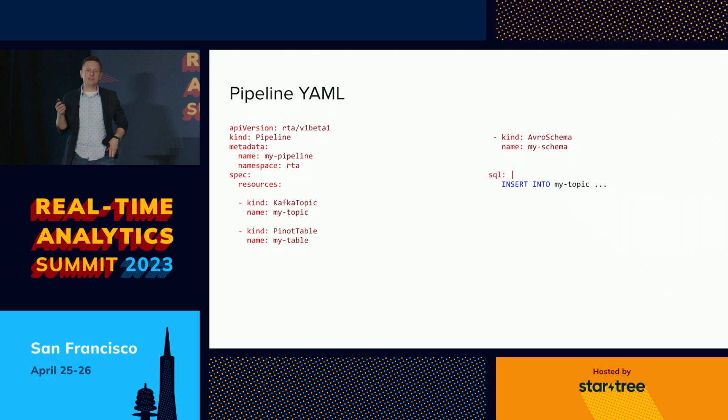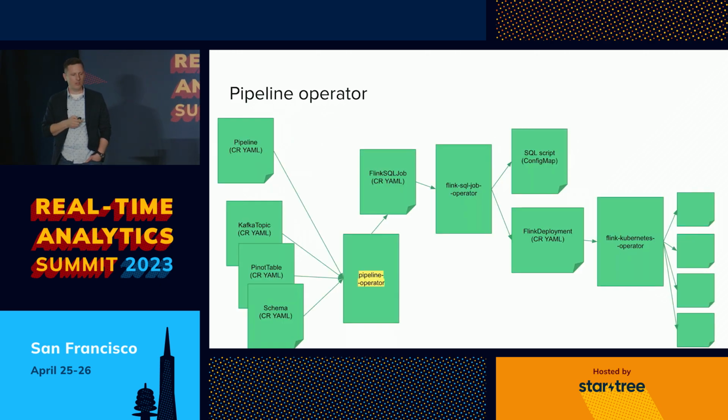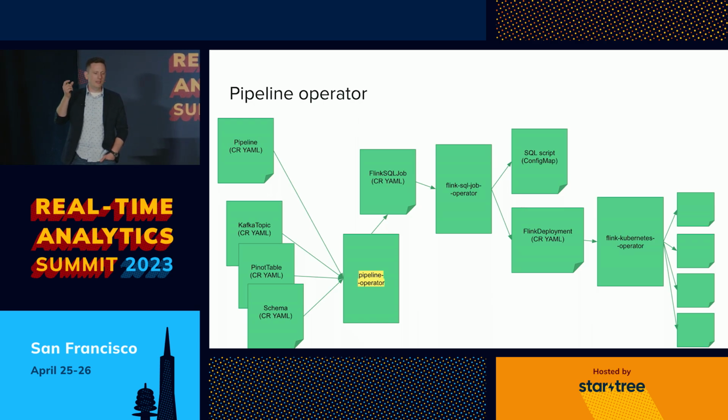The reason you might do this is because the pipeline operator that implements this pipeline custom resource can go around taking ownership of all the things that you've referenced. So for example, we can implement a pipeline operator that listens for pipelines that are created and then looks in the pipeline to find all the resources that the pipeline references.